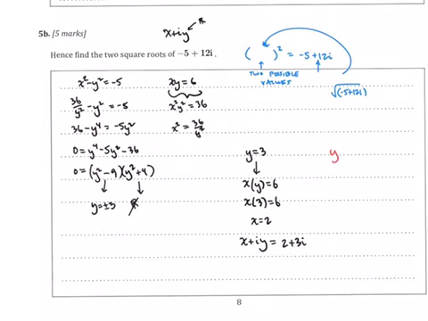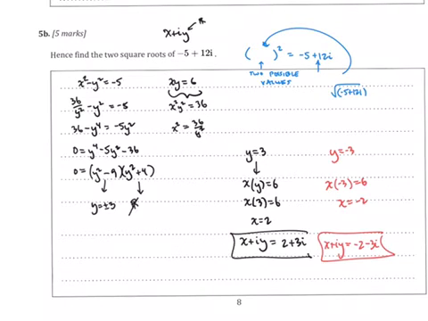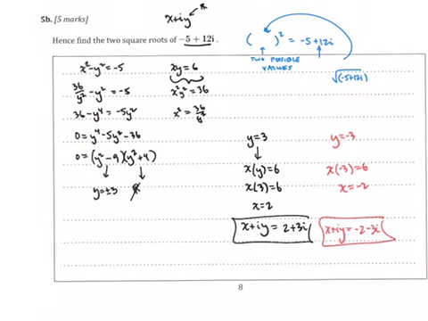The other one, y equals negative 3, if I plug that in, it looks like I'm going to get a value of negative 2 for x, and therefore my other square root of negative 5 plus 12i will end up being negative 2 minus 3i. And there are your two answers. Okay. Definitely implied, not explicitly explained there, but obviously there's a connection between part A and part B. Let's move on to part C.